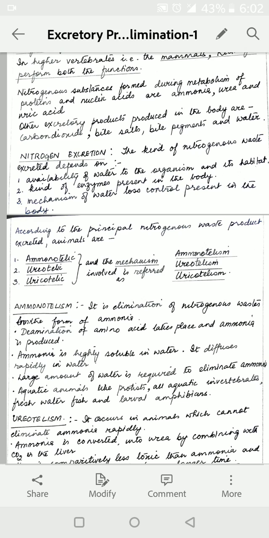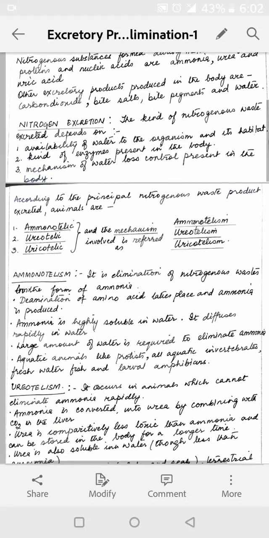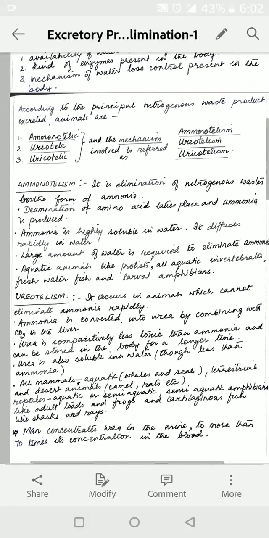Then animals can be ureotelic, the mechanism involved is ureotelism, that is urea is the main excretory product in such animals, or they can be uricotelic and the mechanism involved is uricotelism and the main excretory product is uric acid. So we will be talking about each of these now.